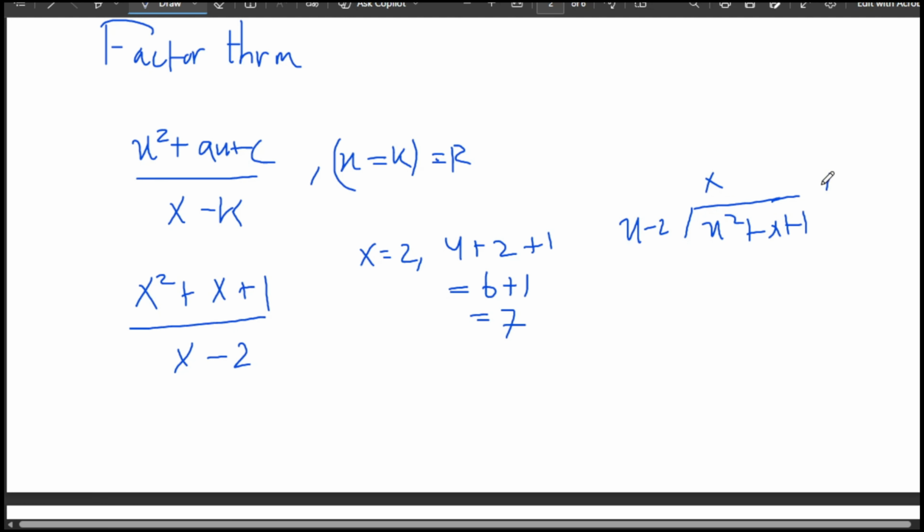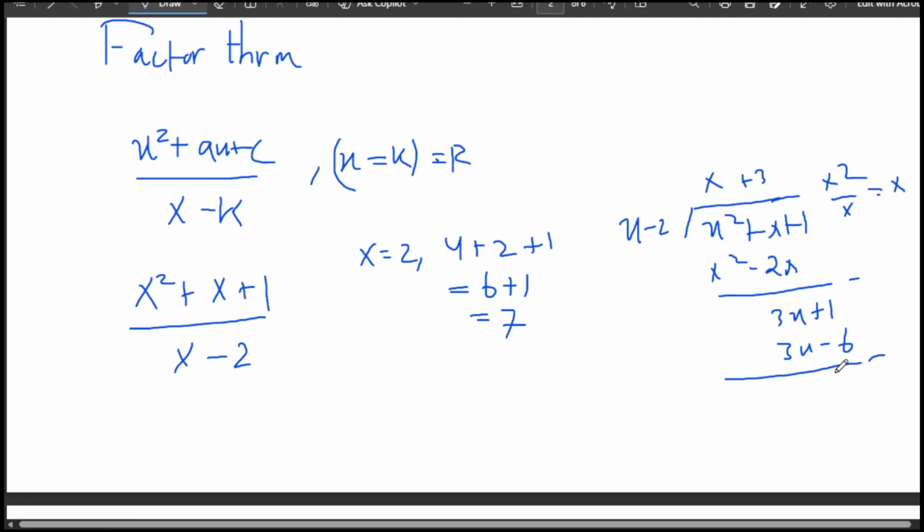Remember, the first term is x, because x squared over x equals x. That gives x squared minus 2x, and then we subtract and get 3x, and bring down the 1, so we have 3x plus 1. Then 3 times x minus 2 is 3x minus 6, and when we subtract them, we have 7, so plus 7 over x minus 2.